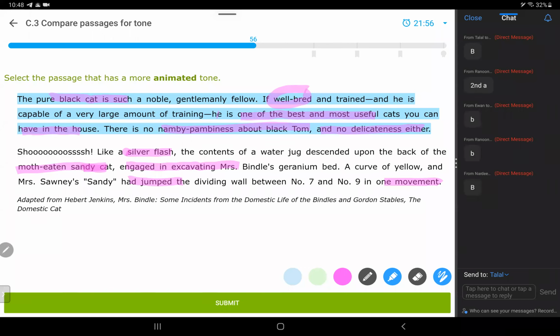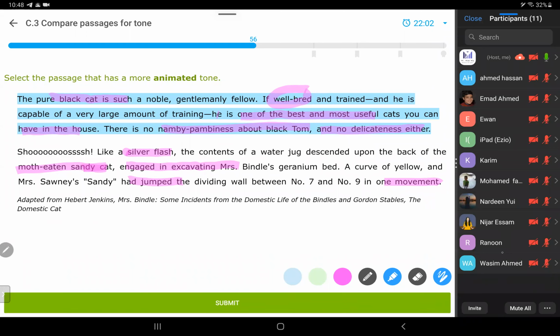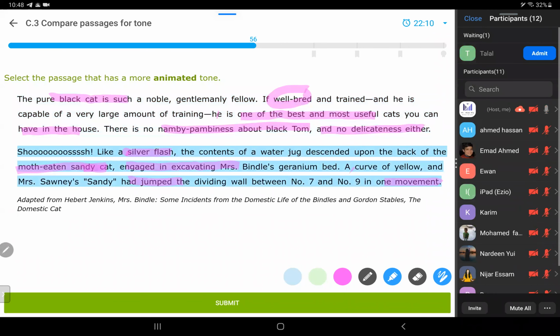So we have Talal, Ranin, Nardine also answered. What about you, Eds, Karim, Ahmed? Who else? Wasim, Ahmed. So number 1 is B. As you can see, the cat here is moving, jumping from one place to another.